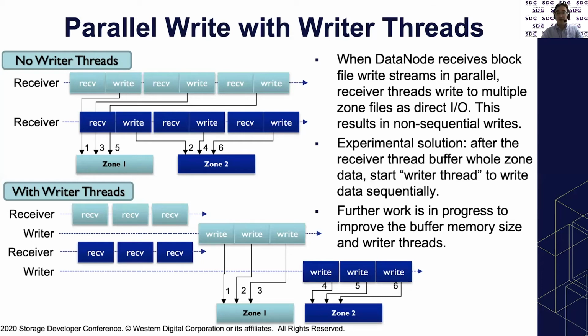But this non-sequential write across zones causes throughput degradation. To address it, I took an experimental solution. It makes the receiver thread buffer the whole data to write to a zone, and then after that, it kickstarts this writer thread.